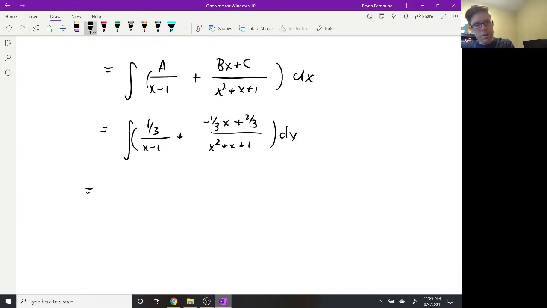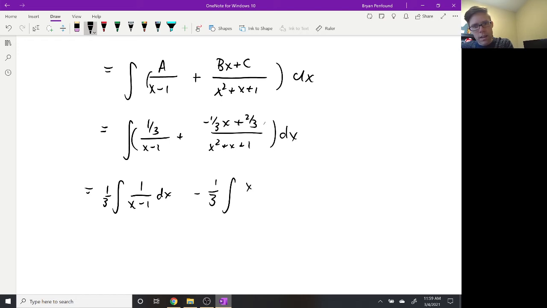Okay, well, let's break this apart. It looks like we're going to need potentially three different fractions here. Let's at least break this one up. Let's factor out this third, and that'll give us 1 over x minus 1 dx. Let's maybe also factor out a negative third here, because I don't really like having a fraction in the numerator like this.